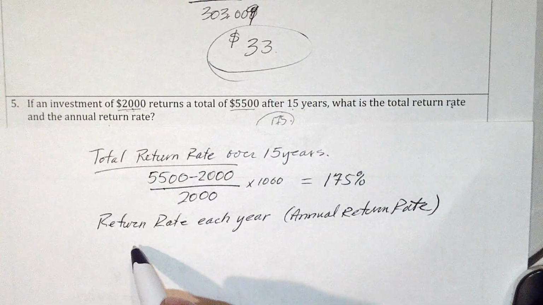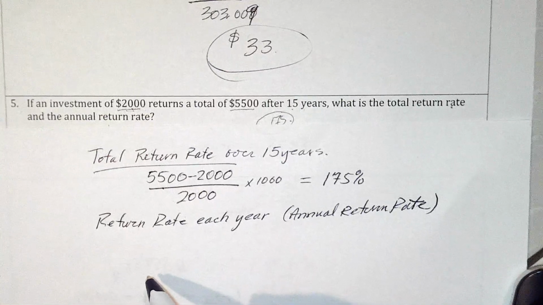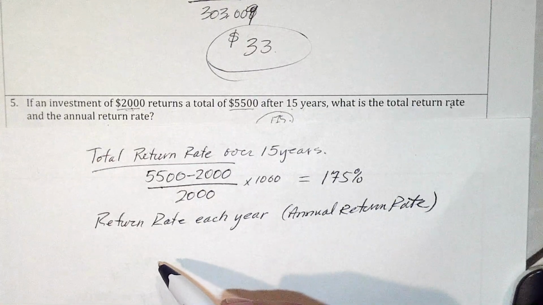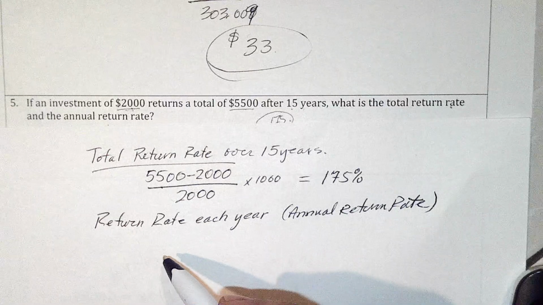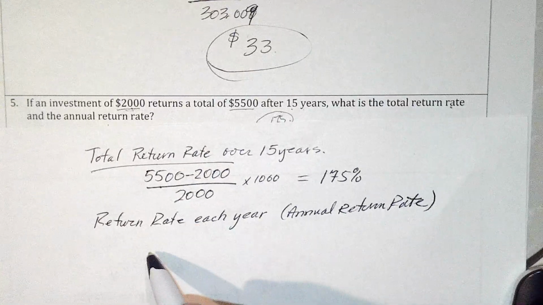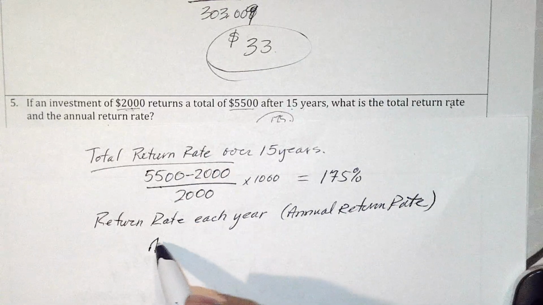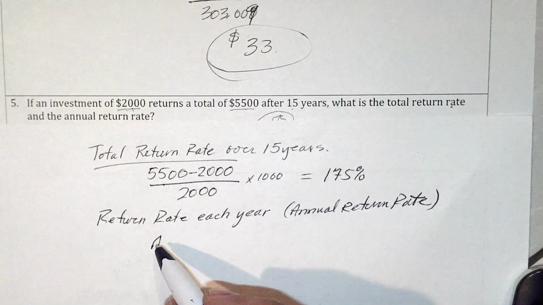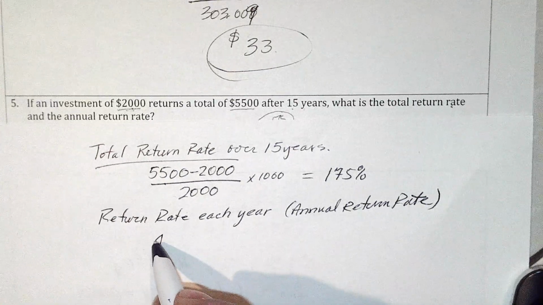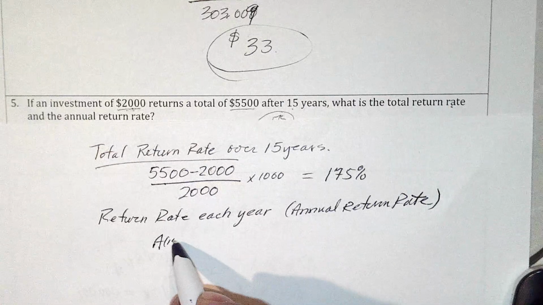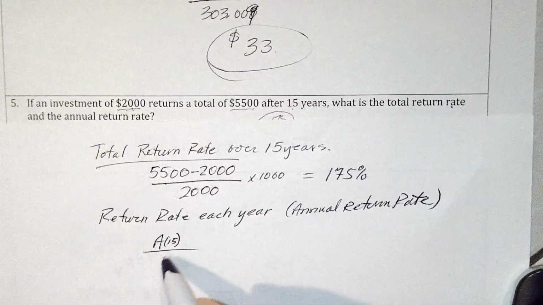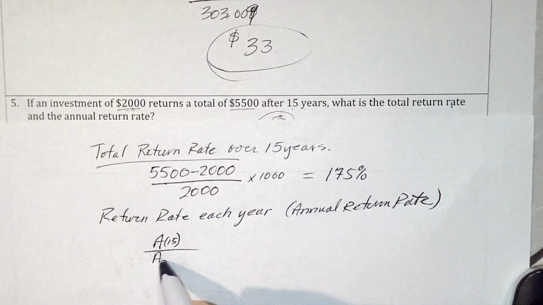Well, you get that by taking, if we knew 1 year, but we don't, so we take the final amount after 15 years divided by the initial amount.